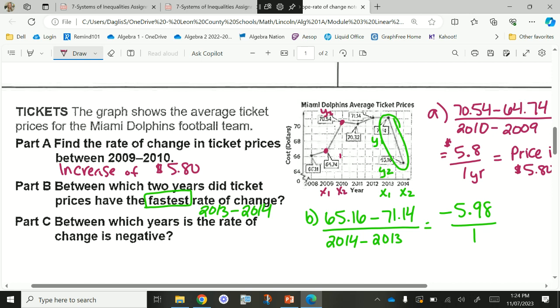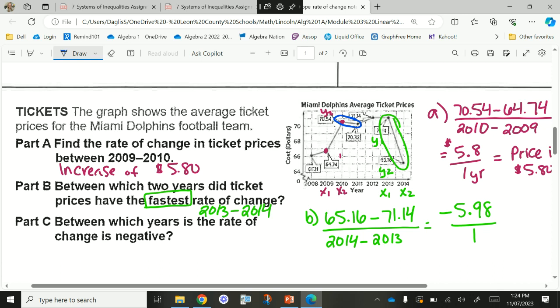Between which years is the rate of change negative? 13, 14. 13, 14, yep. Is there anywhere else where it's negative? 10 and 11? Is that a slight drop? So it goes up, drops a little, goes up, and then definitely drops down again.